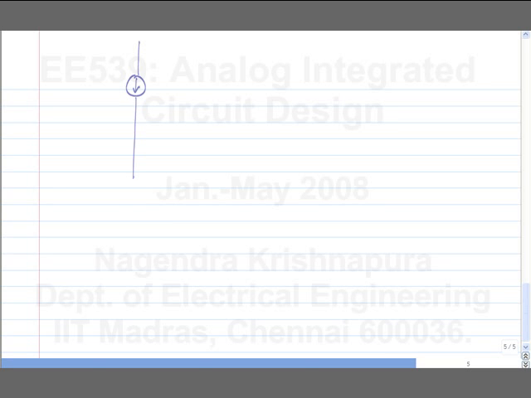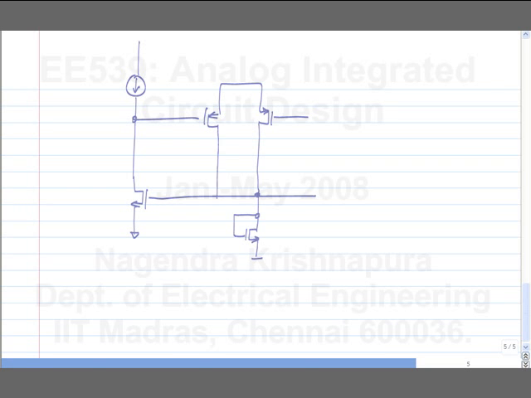So we have two techniques. Let me look at the second one now. So this is diode connected. Now the circuit design is not yet complete. Let me call this IA.